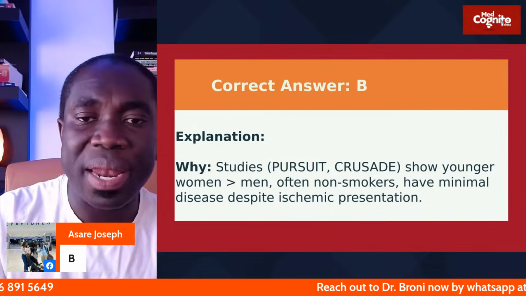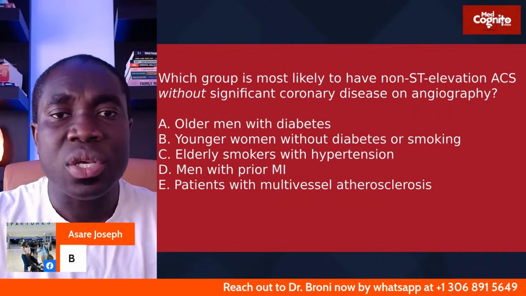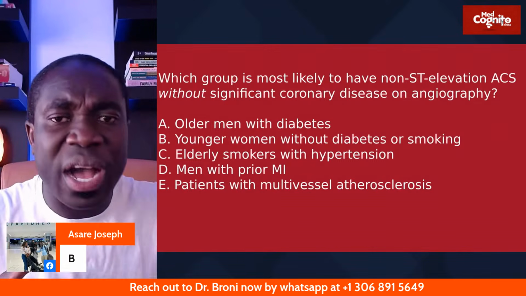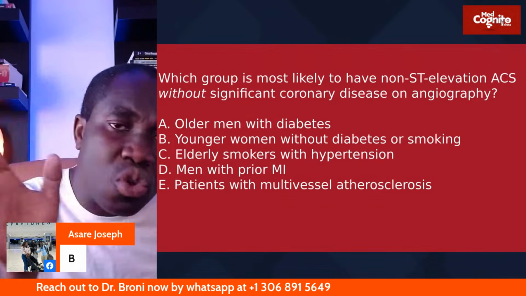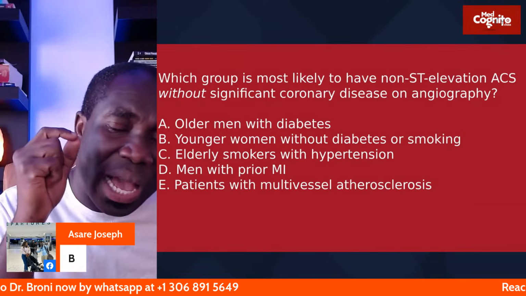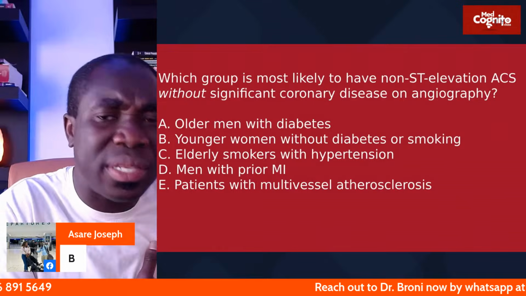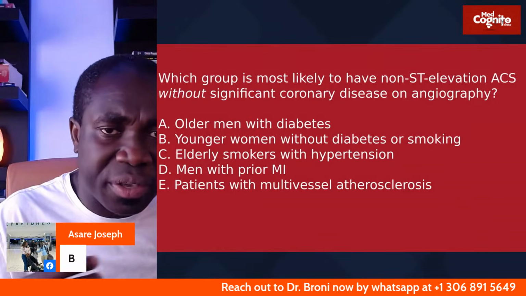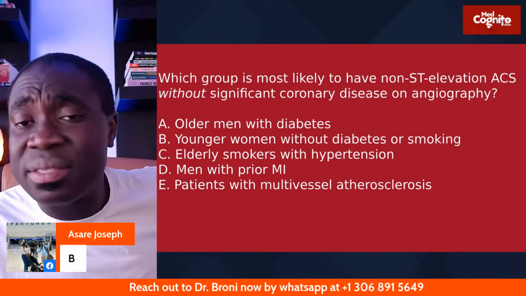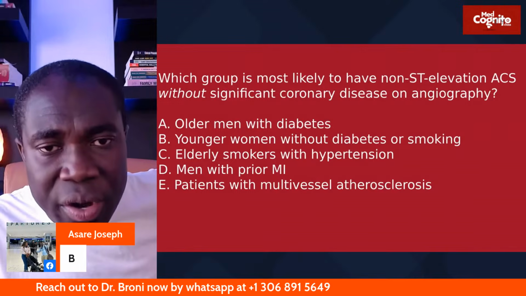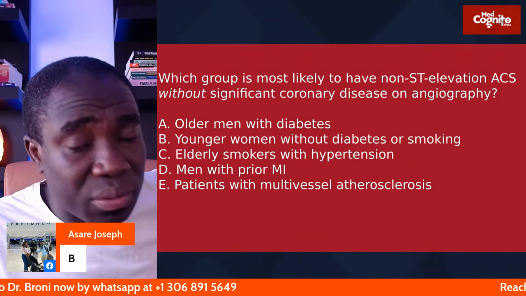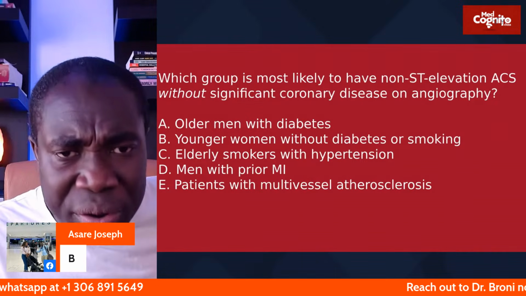Let me go back to the question again. You are looking at a group of people who will have NSTEMI, no ST segment elevation, acute coronary syndrome, and they don't have any significant coronary disease on angiography. Well, older men with diabetes can have significant coronary disease. Elderly smokers with hypertension can have significant coronary disease.